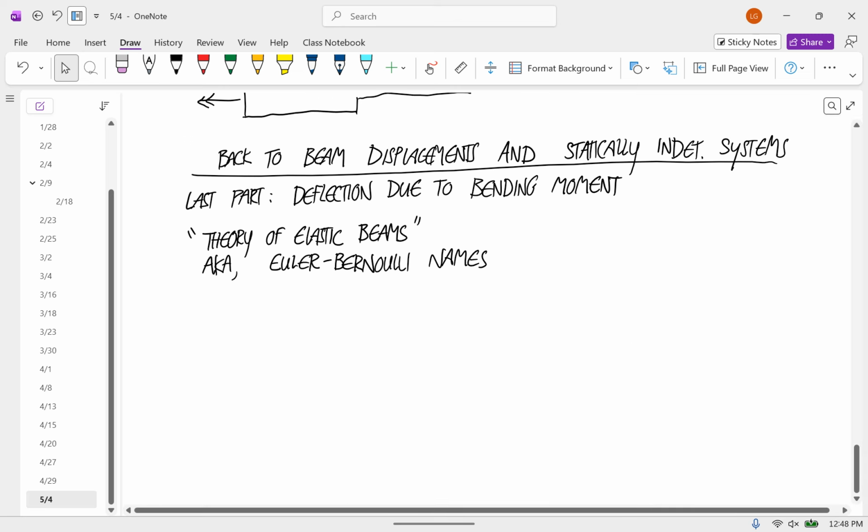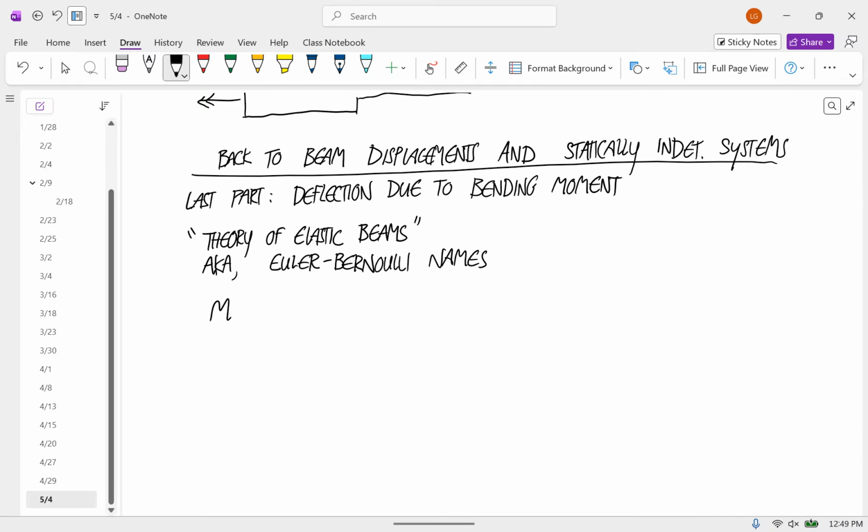And the theory of elastic beams says if you take the bending moment at a single point and divide it by E times I, so E is the Young's modulus, I is the area moment of inertia, and these two things together have a name. Together, their E times I is called the flexural rigidity.